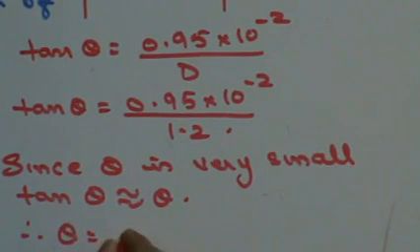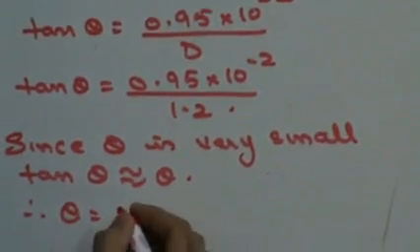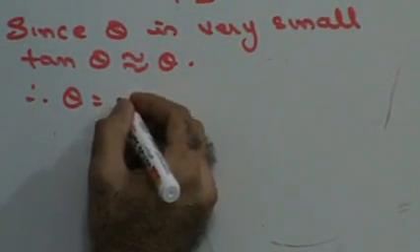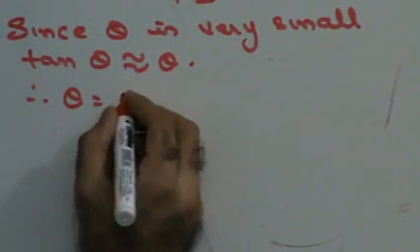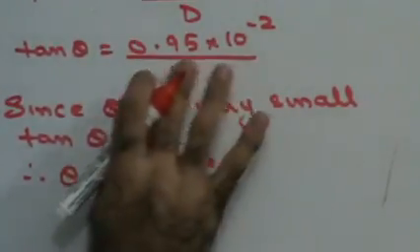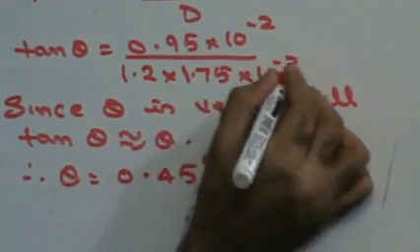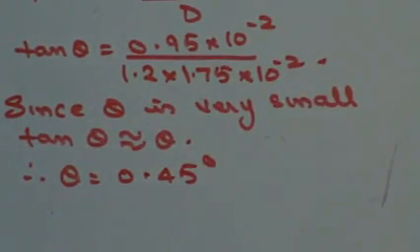Therefore theta comes out to be 0.45 degrees. When I convert this, I'll first get the answer in terms of radians, and to convert it into degrees I'm going to be dividing by 1.75 into 10 raised to minus 2. What did I do here? I converted from radians to degrees. Fine. So I'll get the answer as 0.45 degrees. So I've got the angular diffraction.